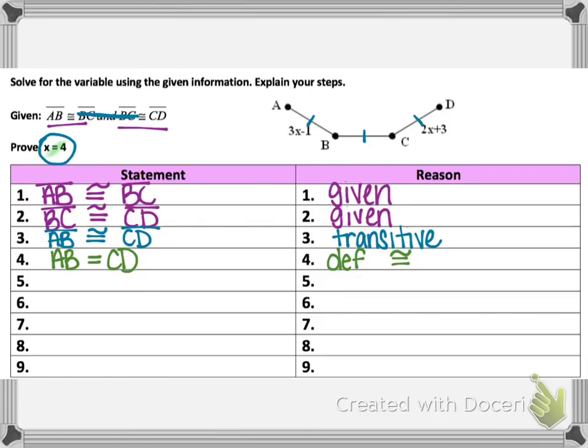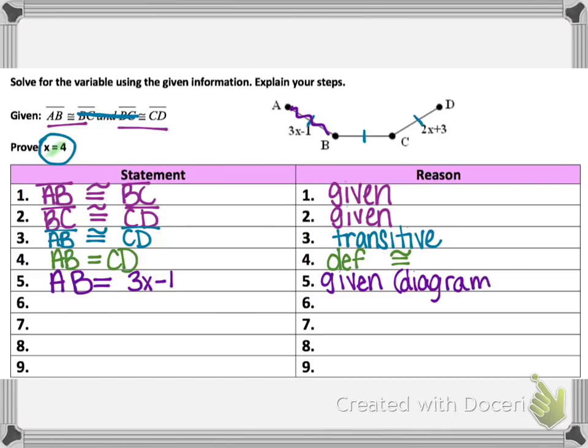Now let's take a look at our diagram. So if we look up at our diagram, I'm going to have that AB is equal to, well, in the picture, AB is equal to 3x minus 1. And since that's just written in the diagram, that's actually a given. You don't have to write diagram next to it.